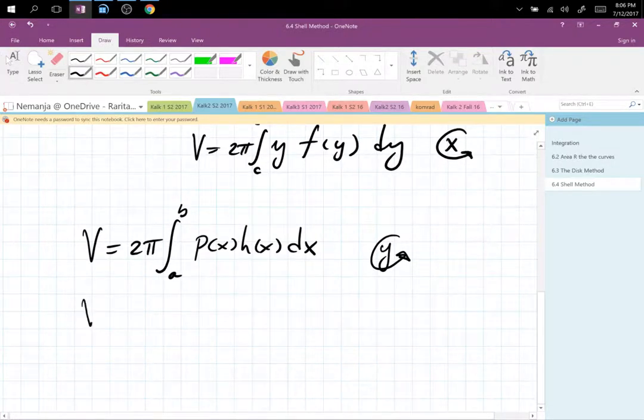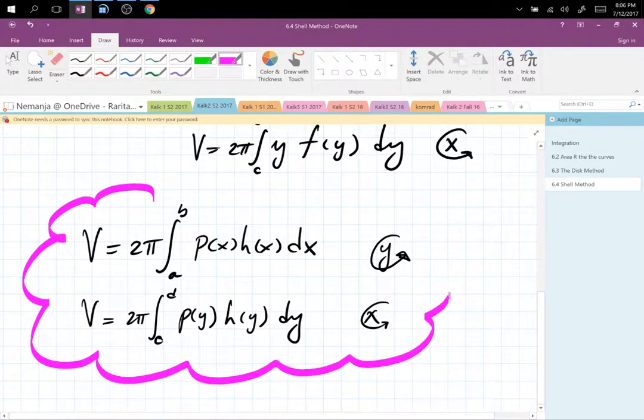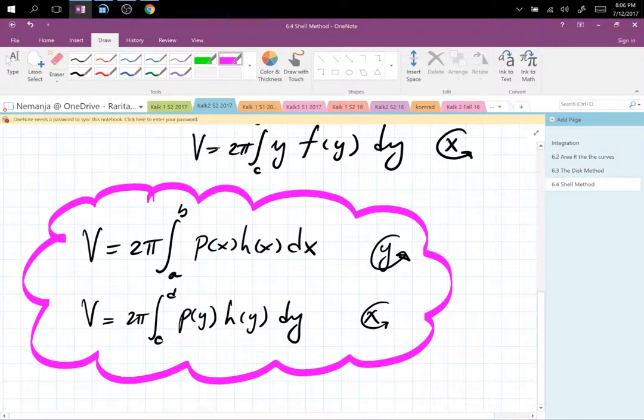And the same thing, V equals 2 pi integral c to d of p of y h of y dy for rotation on x. Now these are my preferred formulas, but you can use the other ones if you want. P stands for position, and h stands for height.